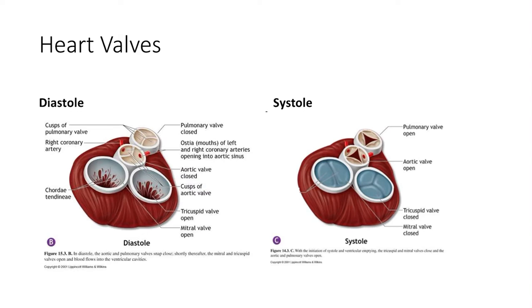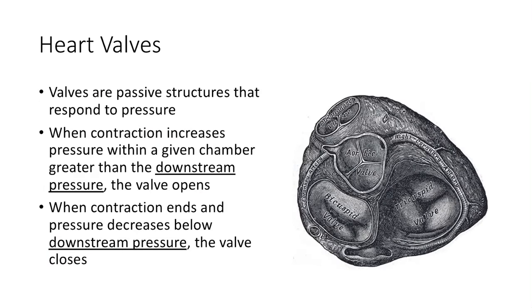And next we'll get into the heart valves. So again, we've got our semilunar valves and our AV valves. The valves respond to pressure changes, and they open in response to pressure gradients across them. You can think of them as passive structures that respond to pressure.